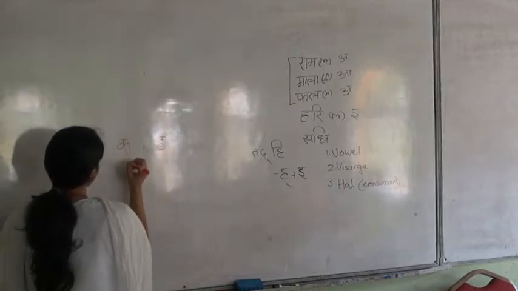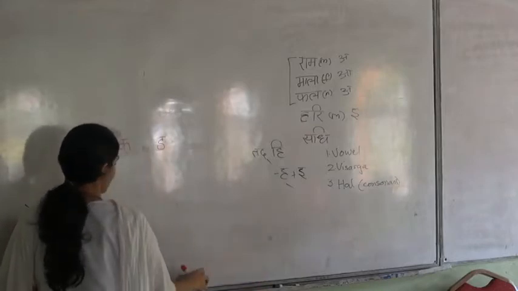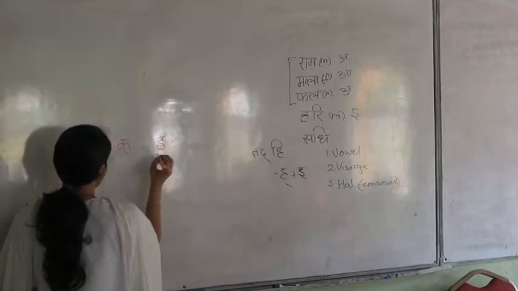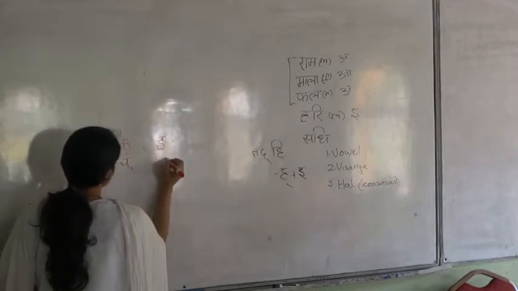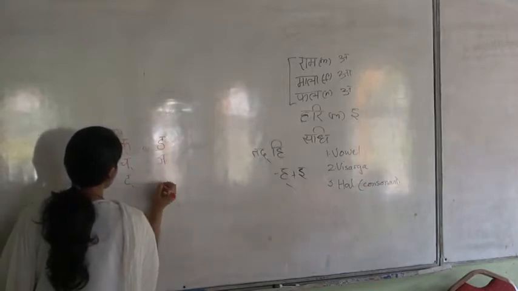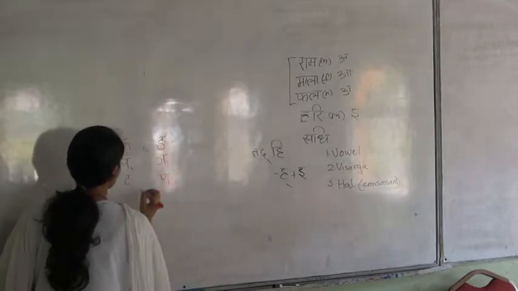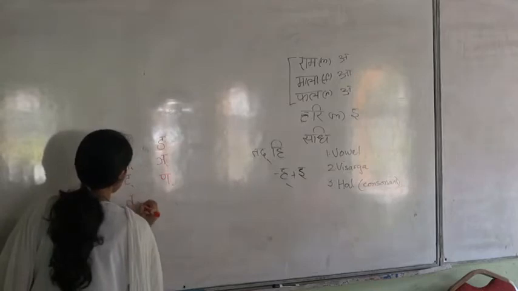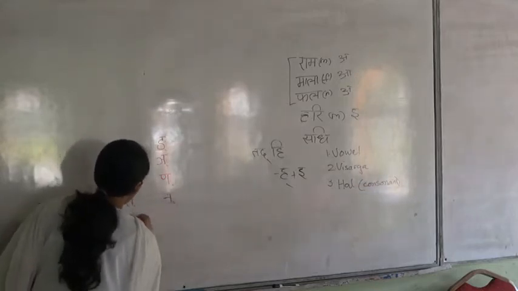Then we have ka, ga, sha. You don't need to write this because you probably already have it.